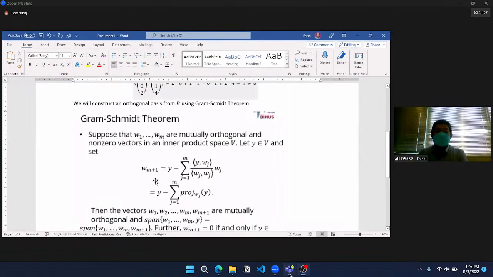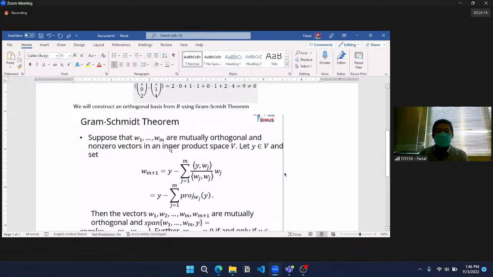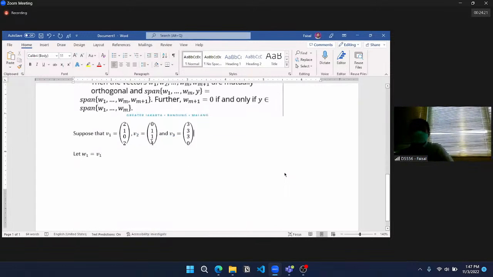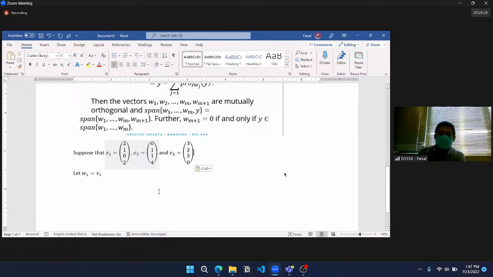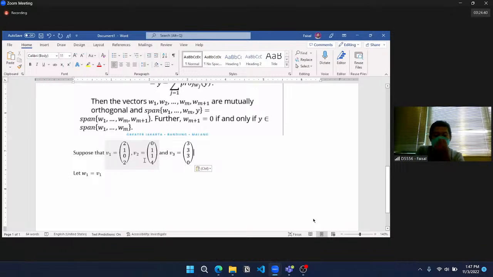Now in the Gram-Schmidt theorem we have a mutually orthogonal set from W1 until Wm. So what is W1 in our example? We can set W1 as the first vector, or the second vector, or we can also choose the third vector.